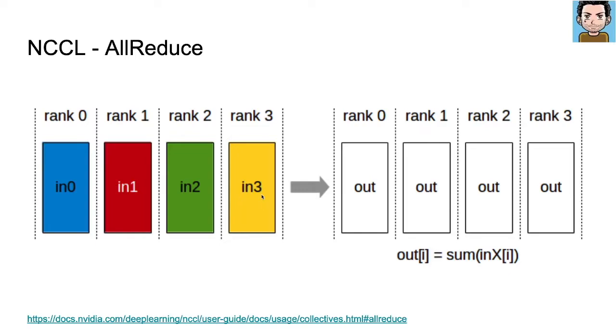But every GPU processes a different mini batch. So every GPU will have a different loss value, and after backpropagation, every GPU will have a different gradient array. Now it's important to aggregate the different gradients from all the GPUs, so that after the optimizer step, all the GPUs will have the same weights.